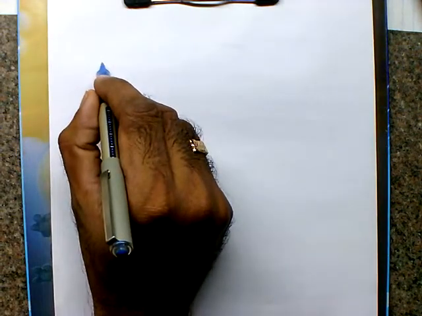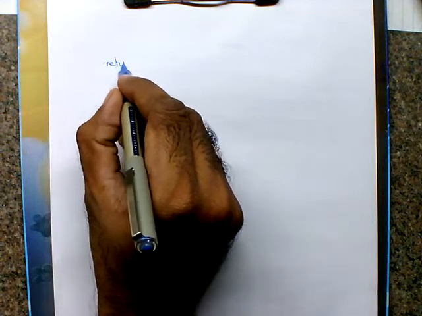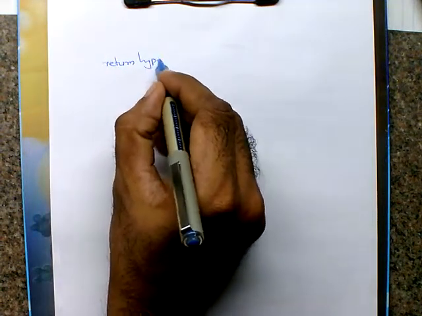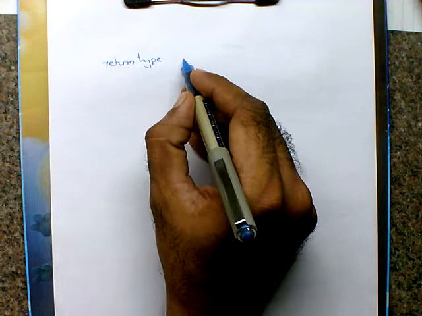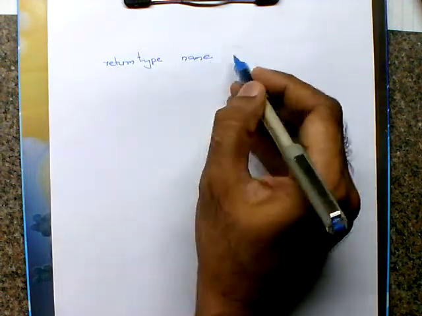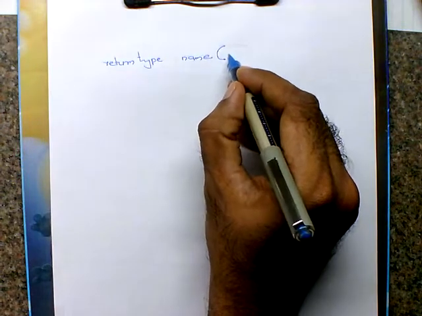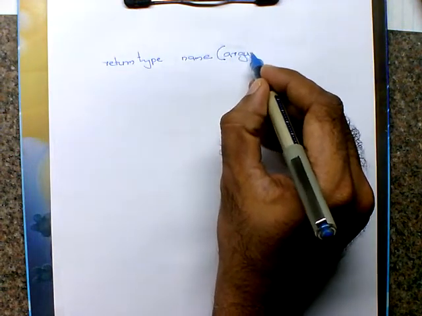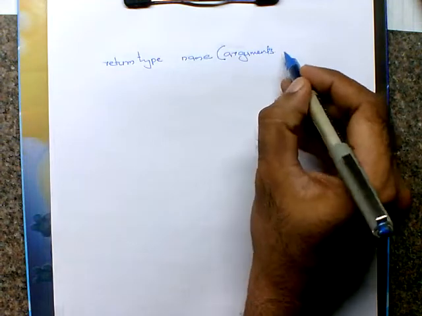First we will write the function return type. Then in the same line we will write the name of the function, and inside brackets we will write arguments separated with commas.